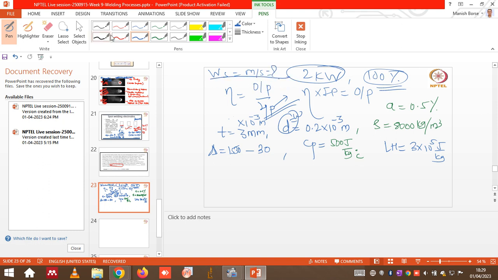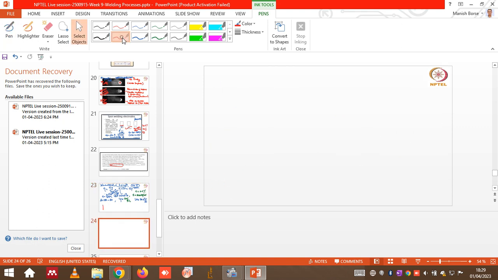Okay, so again the concept is the same. Let's say we have a rectangular plate which is having 3 mm thickness, and they ask that this much area we have to cut.